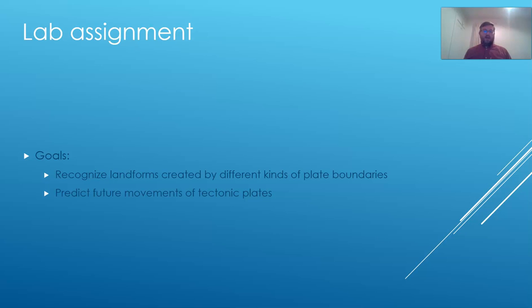And then you'll use what you know of plate tectonics to predict what's going to happen in the future. If you start with a certain arrangement of plates and think about where they are going to move and what's going to happen to them, then you can use the theory of plate tectonics to project what our future landforms are going to look like.